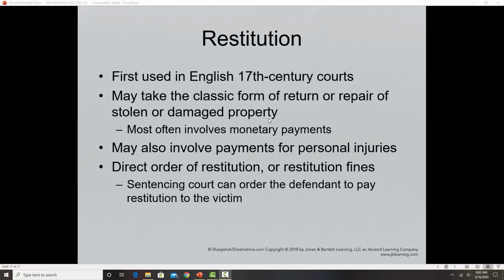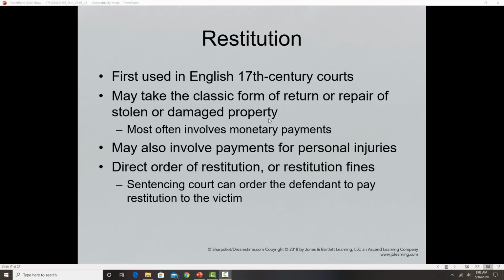We talked a little bit about restitution previously, and restitution is really about returning, repairing stolen or damaged property, making sure that victims get restitution for their personal injuries, for suffering, for missing work, missing school, all of those things. And it can be a direct order of restitution or restitution fines.